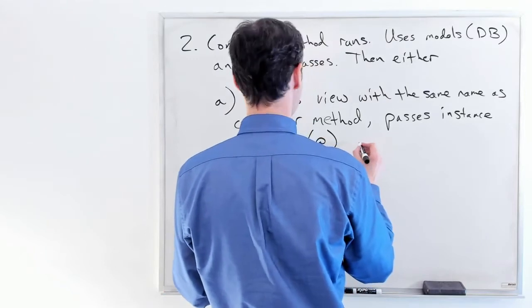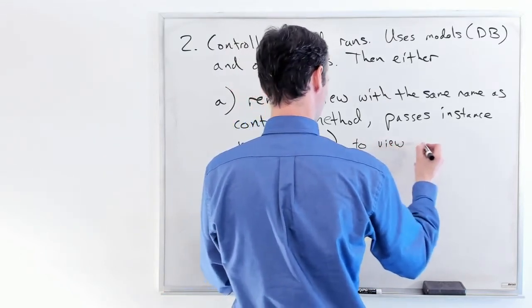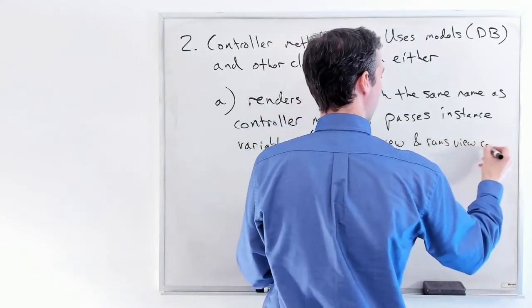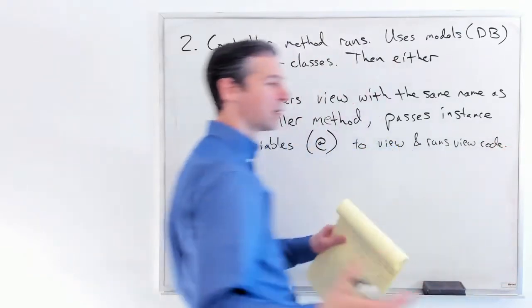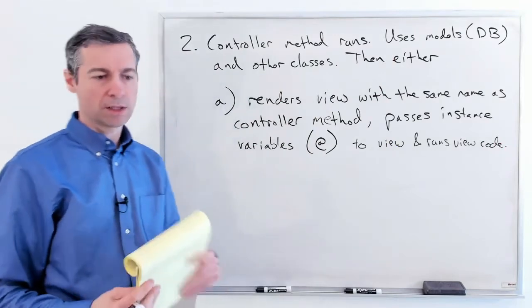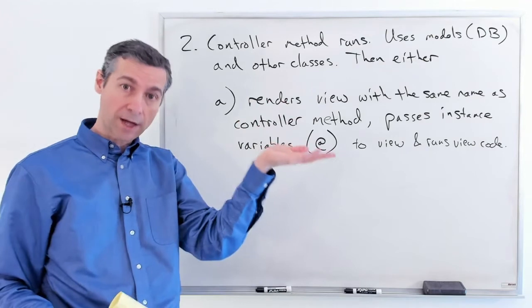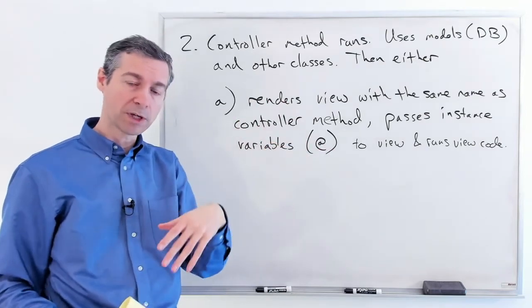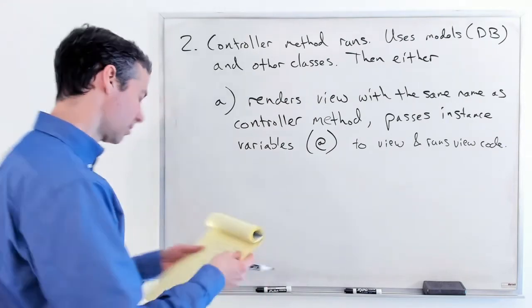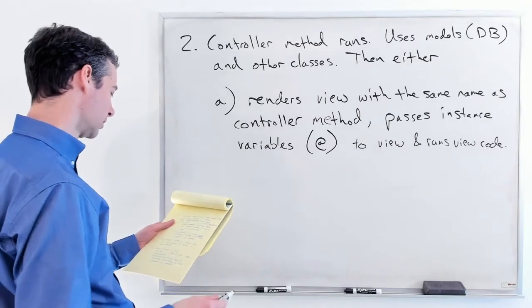It passes in instance variables to the view and runs the view code. I say runs the view code, but it's going to look at this templated system and be very intelligent about how to read it, going, oh, I'm just supposed to output this as HTML. Ooh, here's Ruby code, and I'm going to run the Ruby code now. So it does that.